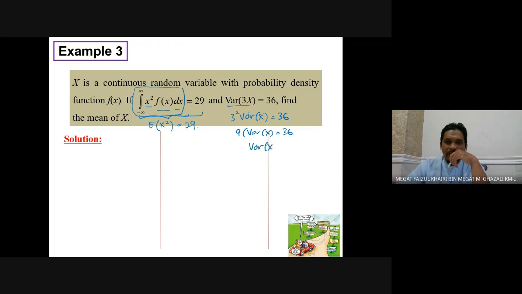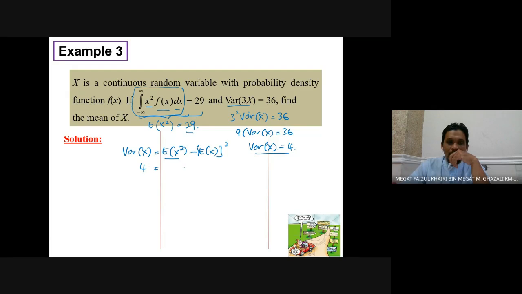Then variance of x equal to 36 divided by 9 equal to 4. So variance of x equal to 4. Variance of x equal to E of x squared minus E of x in bracket squared. So variance of x equal to 4.